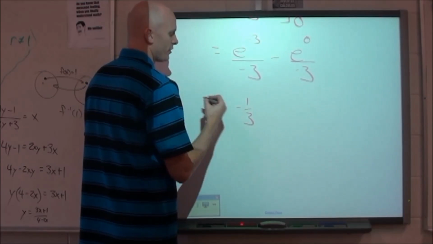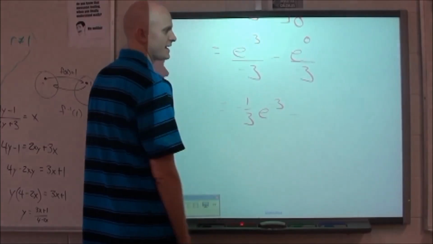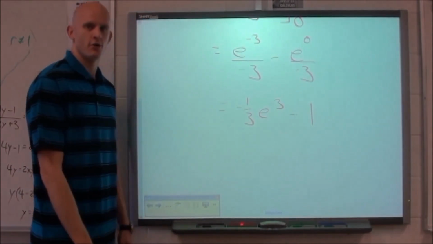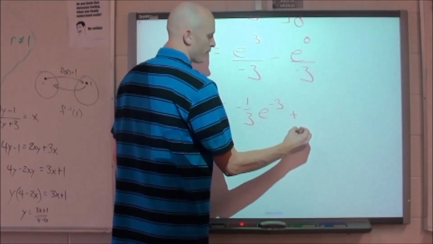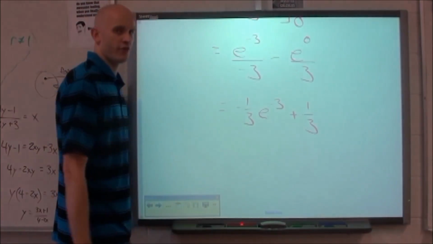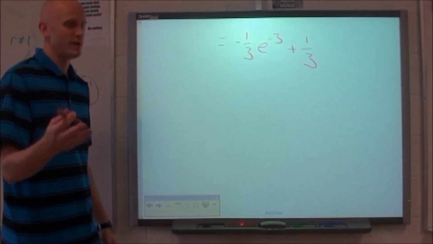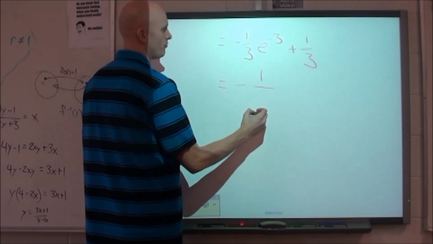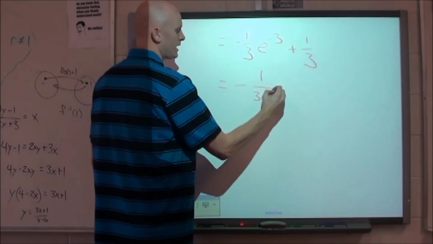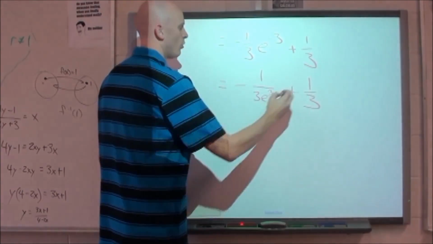This value here is -1/3 e to the -3, minus anything to the 0 power is 1, but it's over a -3, so it'll be plus 1/3. Simplify this just a little bit to make it a little easier. We know it's equal to 1/3e cubed, negative exponent to the denominator, plus 1/3.